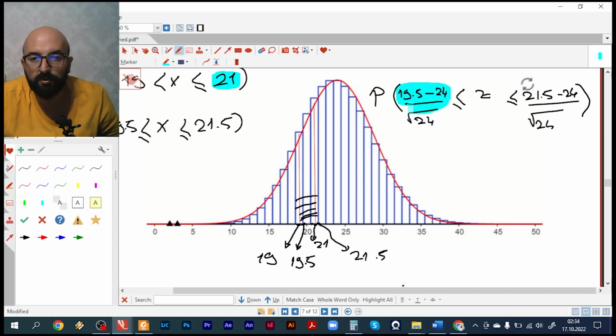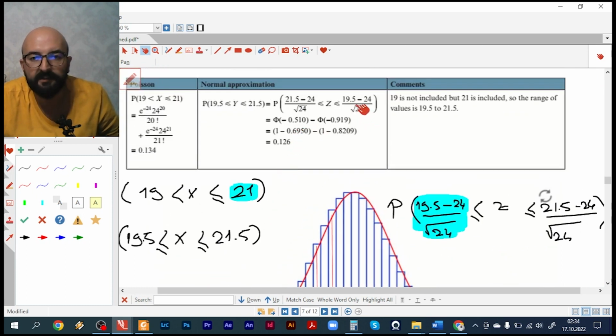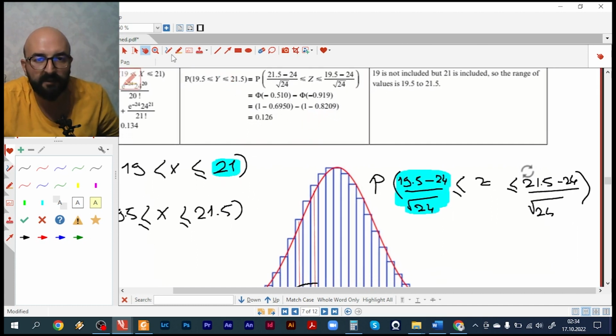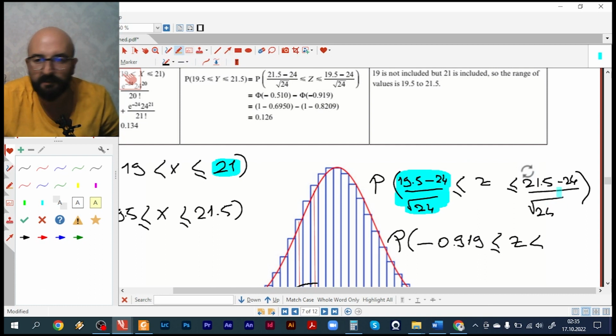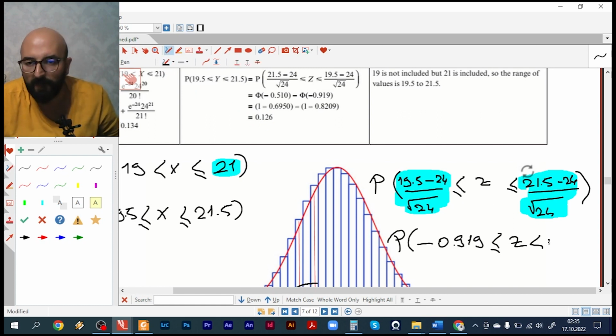I want to look at the table for the result of this section. 19.5 minus 24 over the square root of 24 gives minus 0.919, and the other result of this part is minus 0.51.